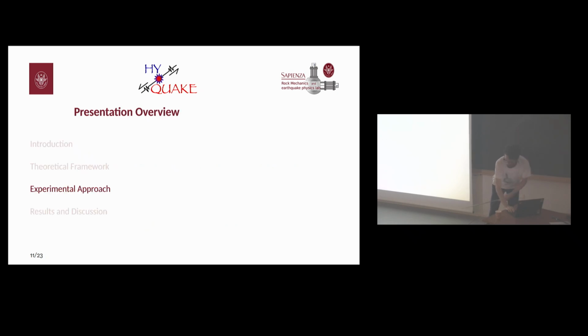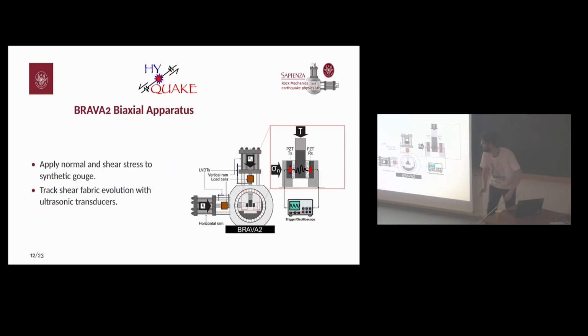All the stuff that I'm talking about was just to explain that in the lab, in a double direct shear experiment, as has been explained already, thank God, we just sandwich synthetic gouge inside the double direct shear apparatus, and we produce shear fabric by imposing normal stress and shear stress.